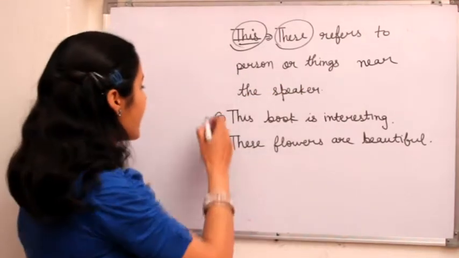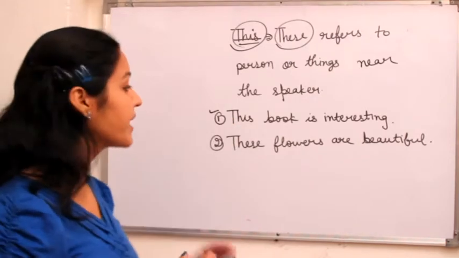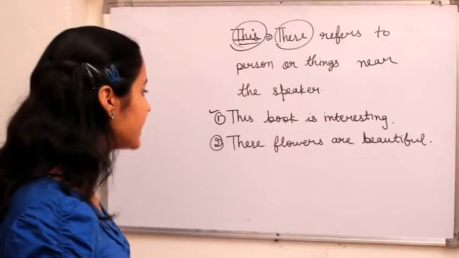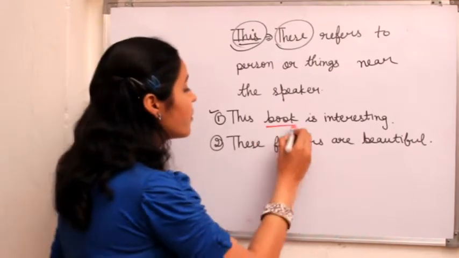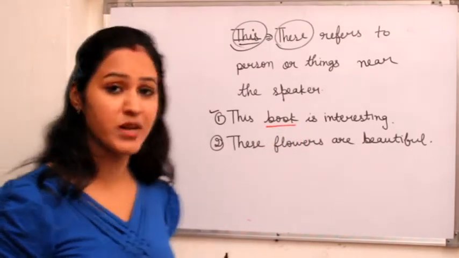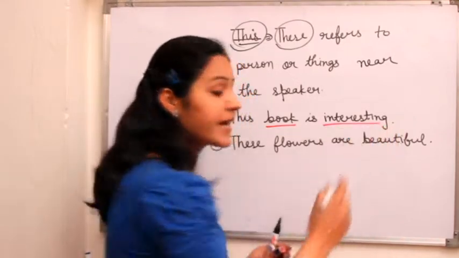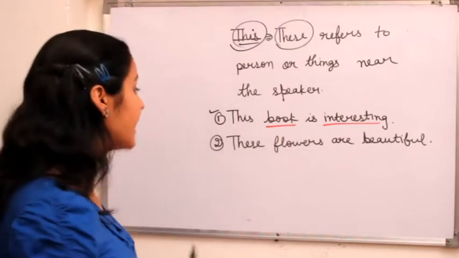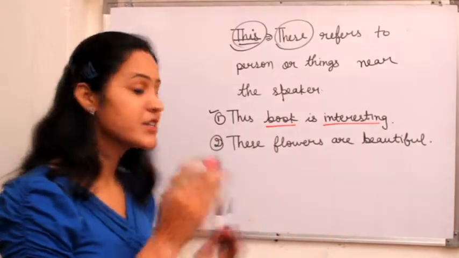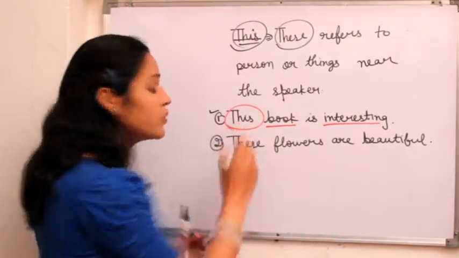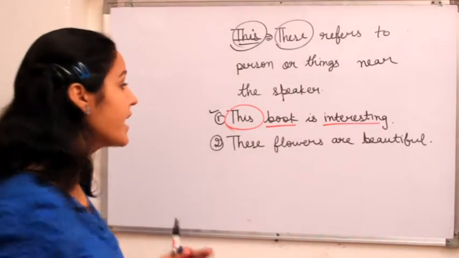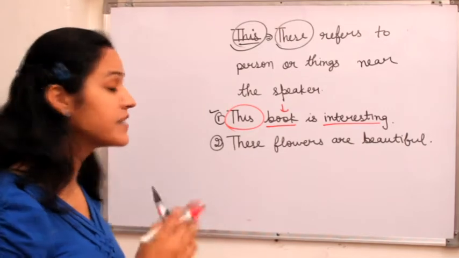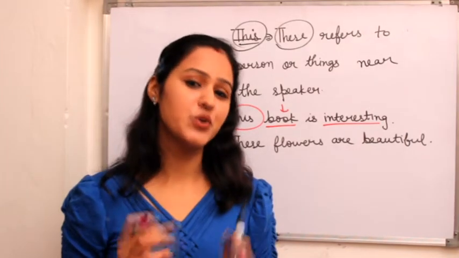So here I write this book is interesting. I'm talking about a book, which is a noun, and its adjective is very interesting. I use this because I'm talking about a single book and it is very near to you.